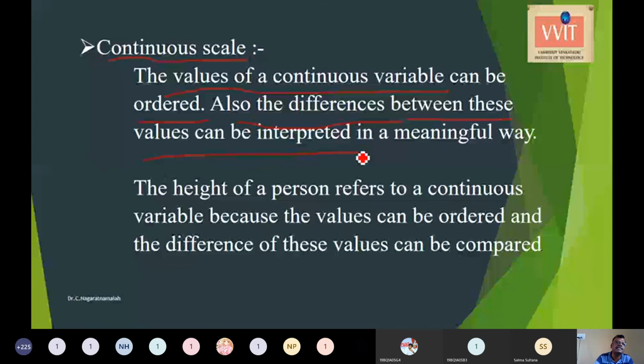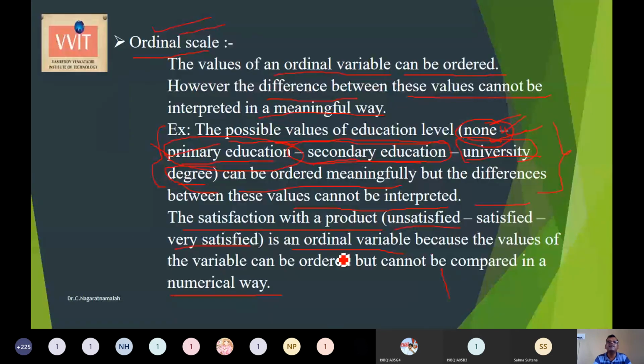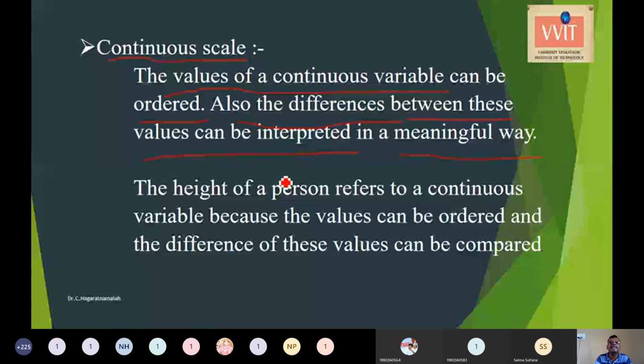In the previous, ordinal variable, we cannot interpret the differences in a meaningful way. Meaning is there, but the differences cannot be defined or interpreted. But in a continuous variable, the differences between these values can be interpreted in a meaningful way. That is very important for a continuous variable.